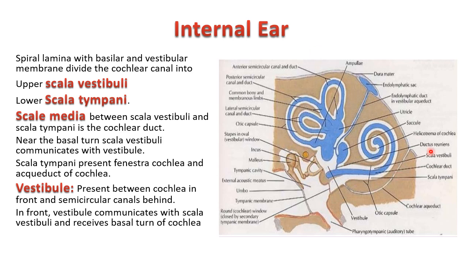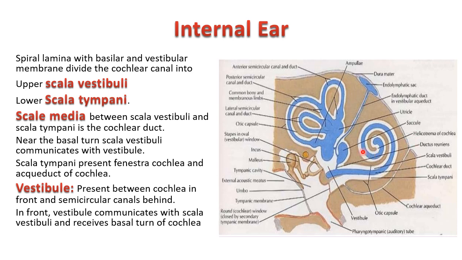Now you are able to see the scala tympani, and here you are able to see the fenestra cochlea, or the round window, and one more thing you are able to see, that is the aqueduct of cochlea, whereby the perilymph communicates with the subarachnoid space, CSF.